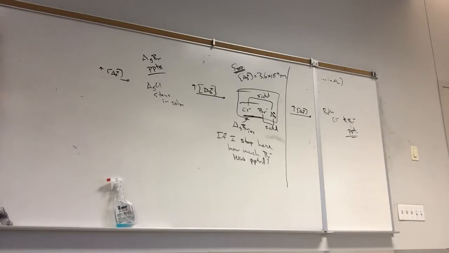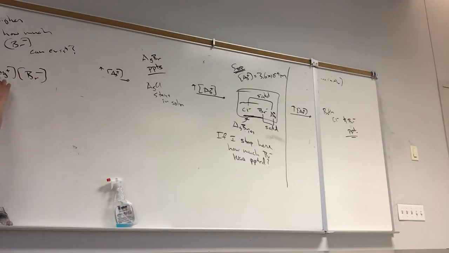At this higher silver ion concentration, how much bromide in solution can exist? The Ksp dictates that, because the Ksp equals the silver ion concentration times the bromide ion concentration.